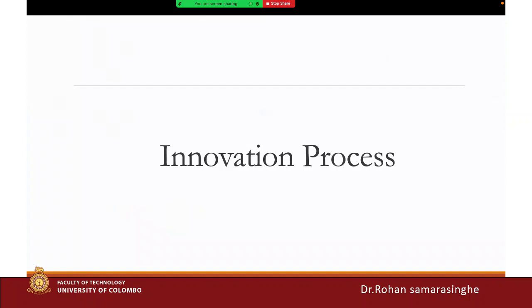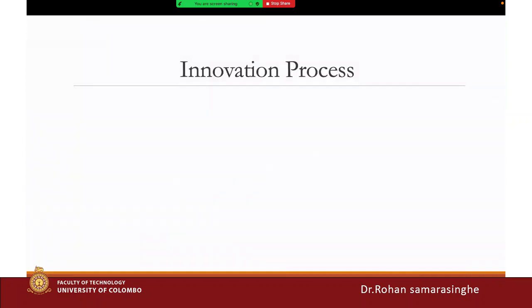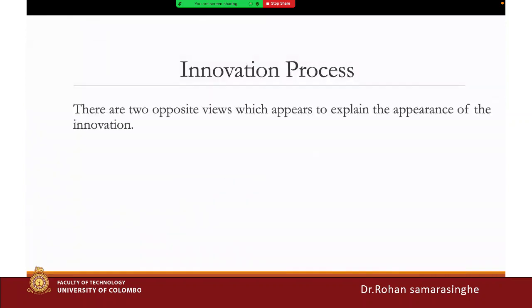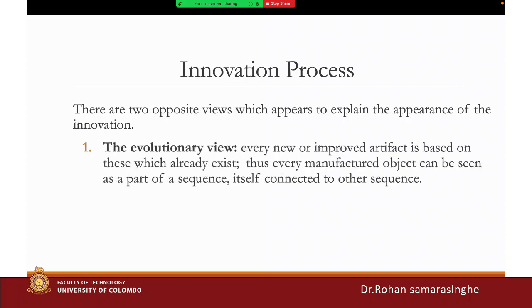And when we consider the innovation process, there are two opposite views appearing to explain the appearance of the innovation. One is the evolution view, that means every new or improved artifact is based on those which already exist. Thus every manufactured object can be seen as a part of a sequence, connected to the sequence.